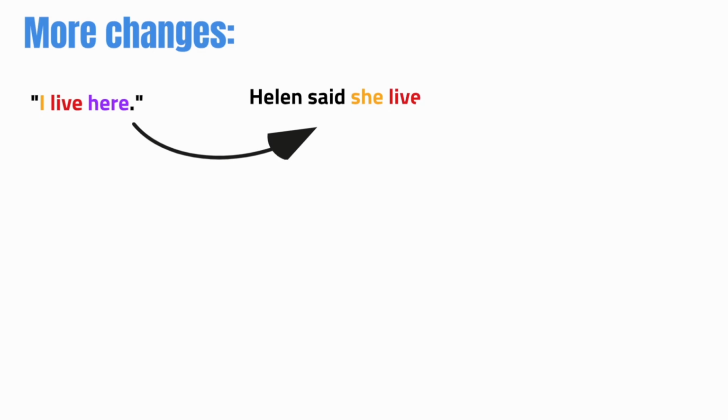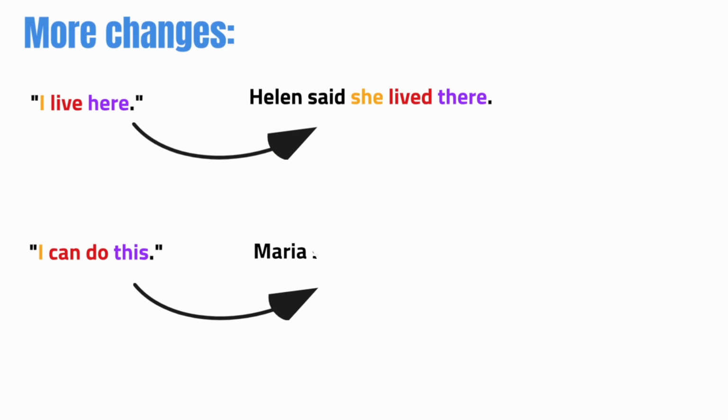Helen said she lived there. And another change is this demonstrative pronoun. I can do this, and this turns into that. Maria said she could do that.